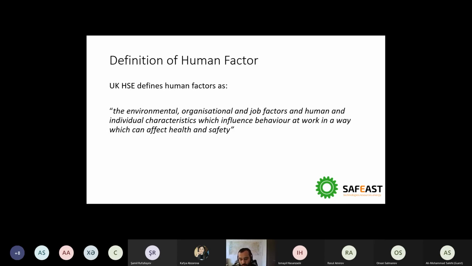So when we say human factor, we refer to anything that can result in a health and safety event due to environmental, organizational, job factors, or human and individual characteristics, which influence your operator's behavior at work in a way that can result in an incident or accident.